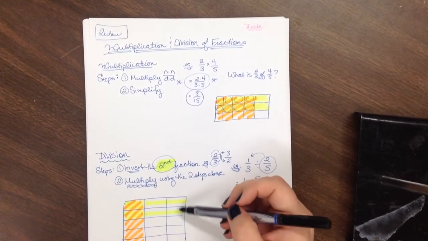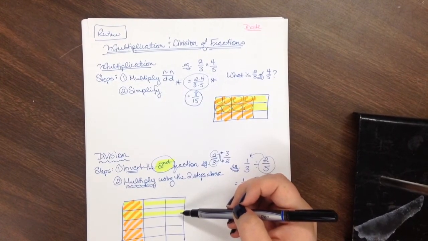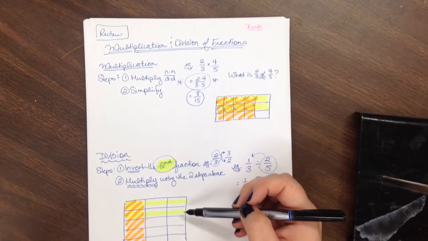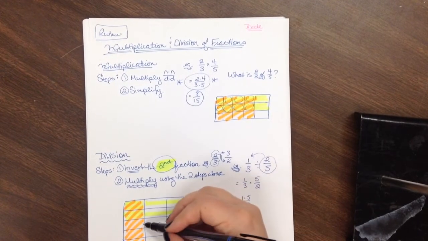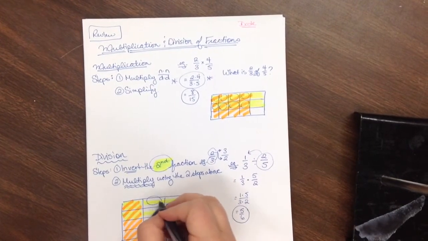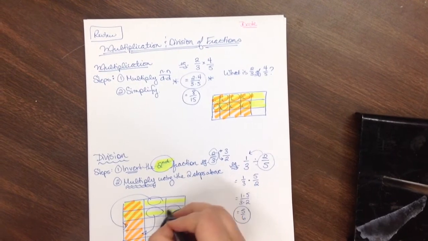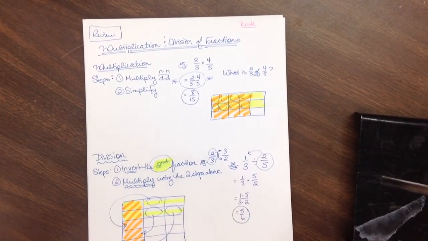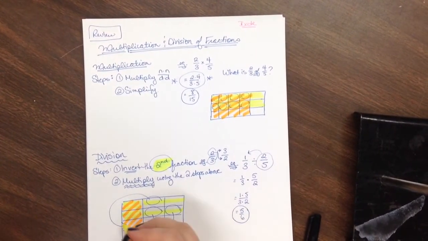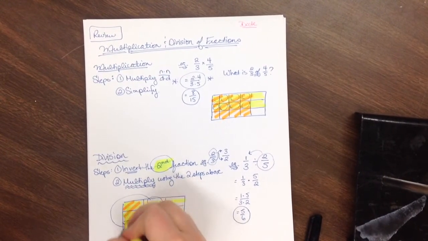So having these 4 spaces here that aren't overlapping with any of my orange isn't really going to help me. So let's move. I have 1, 2, 3 orange spaces left. So I can move 1, 2, 3 of these over to an orange space. So now all 5 of my orange spaces are colored up.